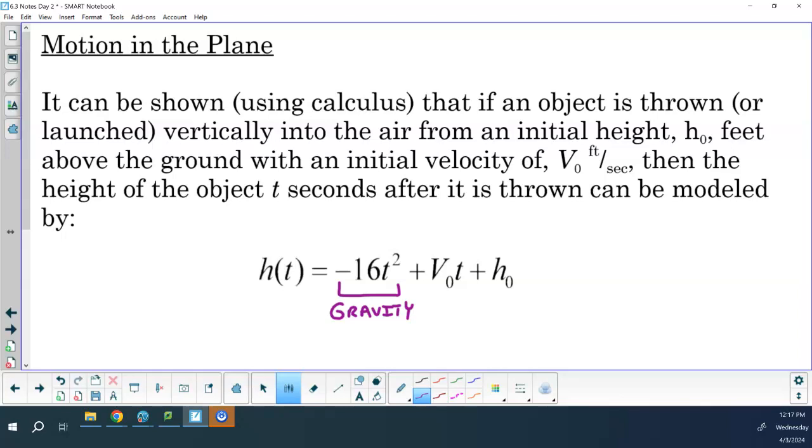The harder you throw it, the higher it goes. The less you throw it, the less. That part is this part right here. This part right here is the force behind the launch.